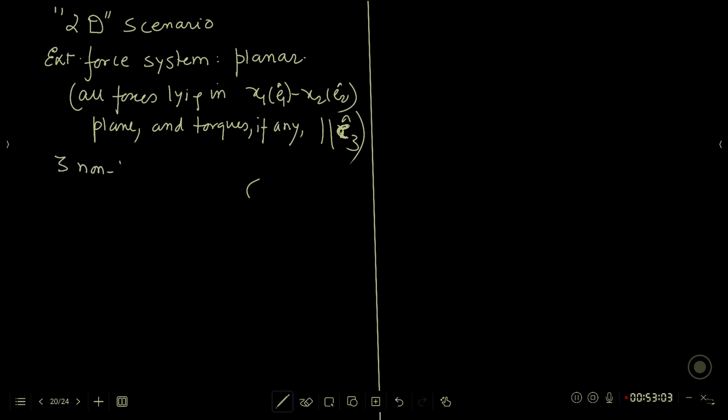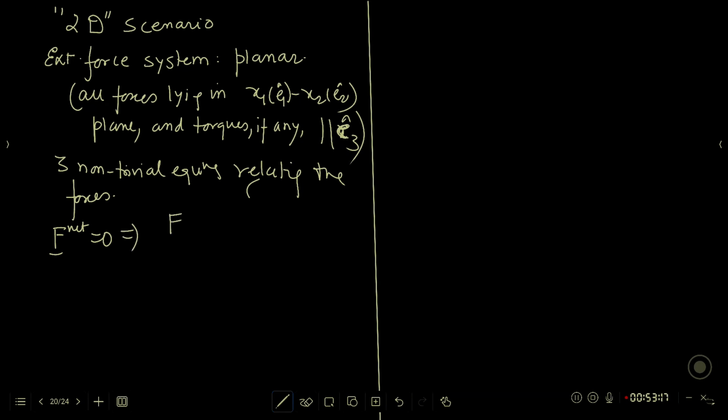F net 0 will give you two, in the e1 direction and in the e2 direction, and the other equation will be M_A = 0.